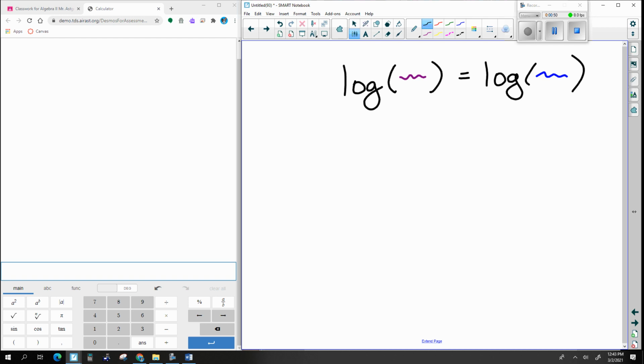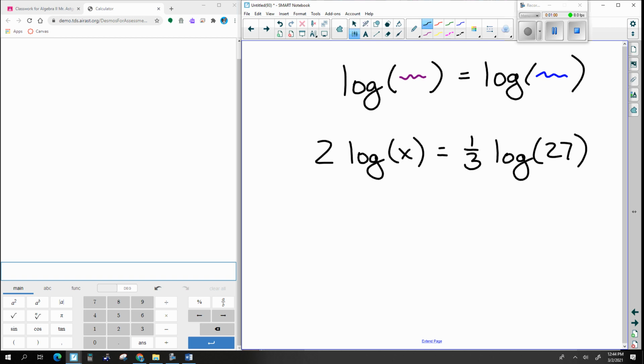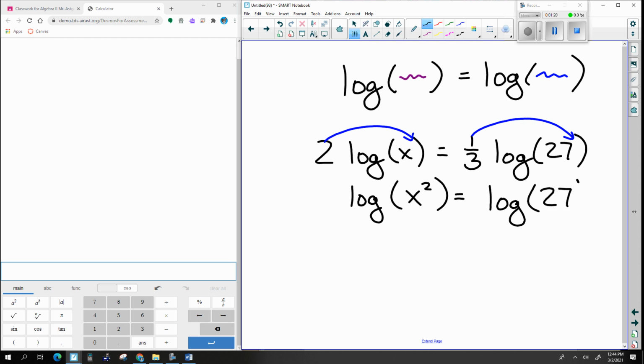If there's, like, 2 log x is equal to 1/3 log 27 or something like that, what I want you to do is, if you can, put all exponents and everything up into the logarithm itself. So when all is said and done, you have a singular log all in equal to a singular log all in. So it's just pure log on the left and pure log on the right.